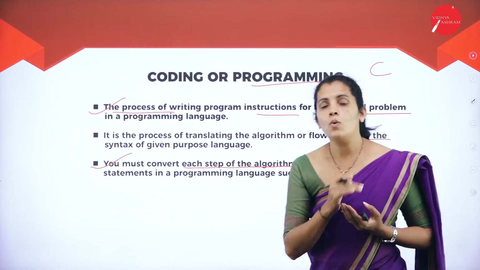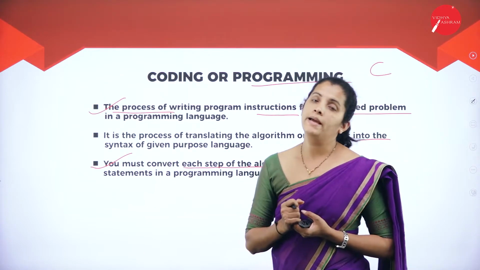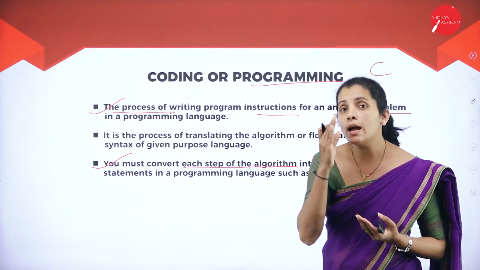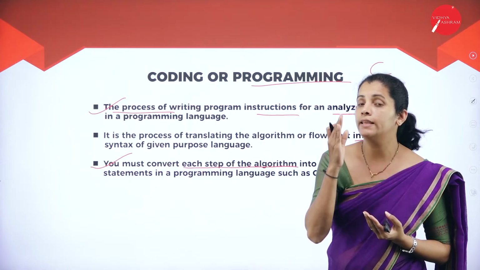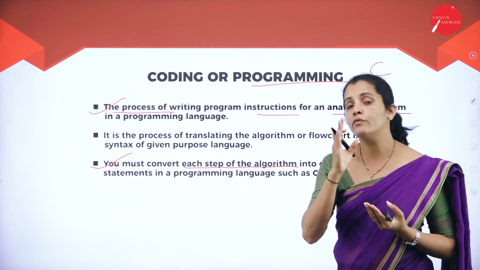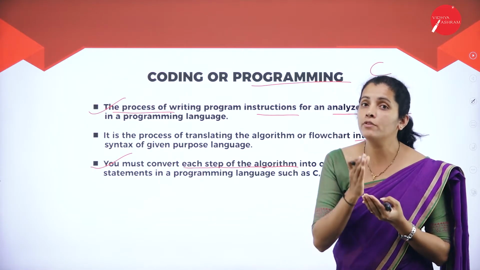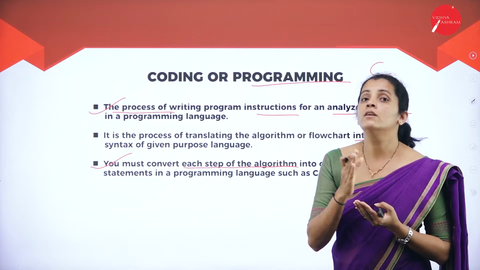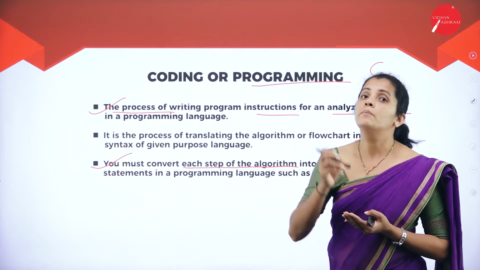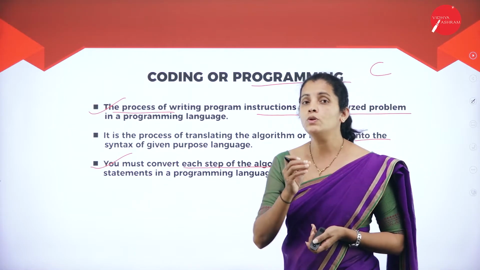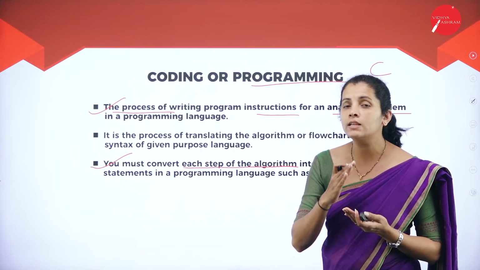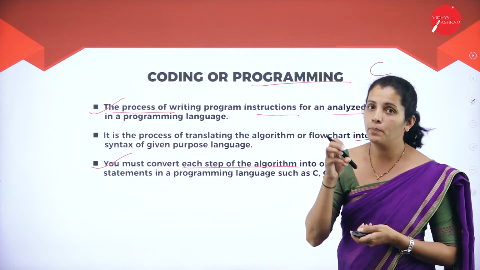That means now I'm going to start my program. That is nothing but coding. Now where am I going to get the resource? That means I'm going to use an algorithm or flowchart, and whatever information I get from the algorithm or from the flowchart, based on that I'm going to start my coding. That means I'm going to start writing my program.